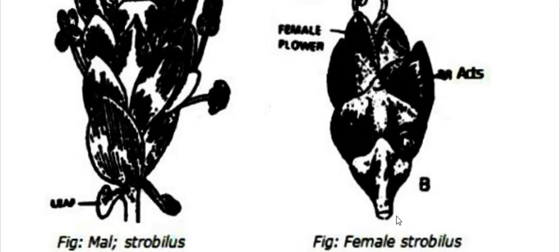This is the female strobilus. In this also the bracts are produced, and in the axils of these bracts ovules are produced.